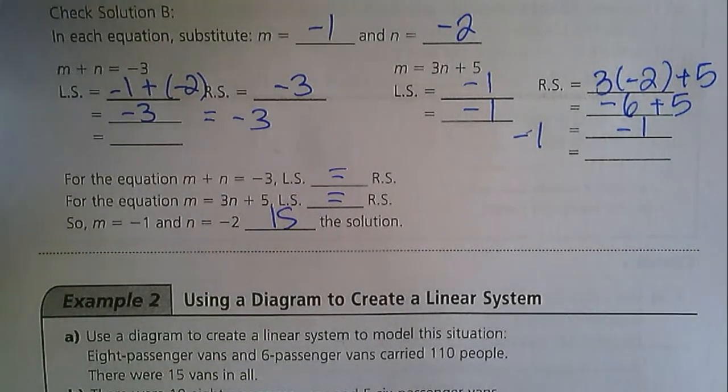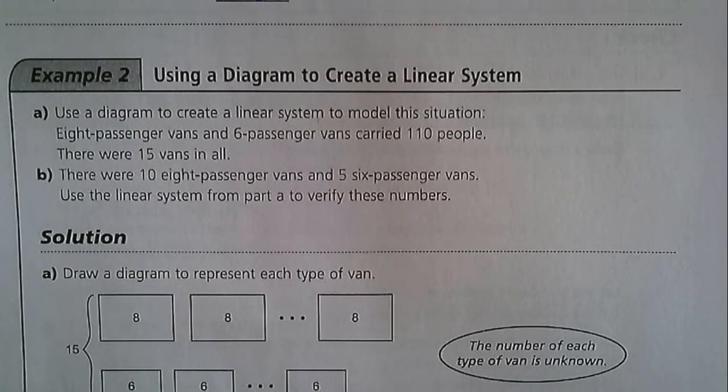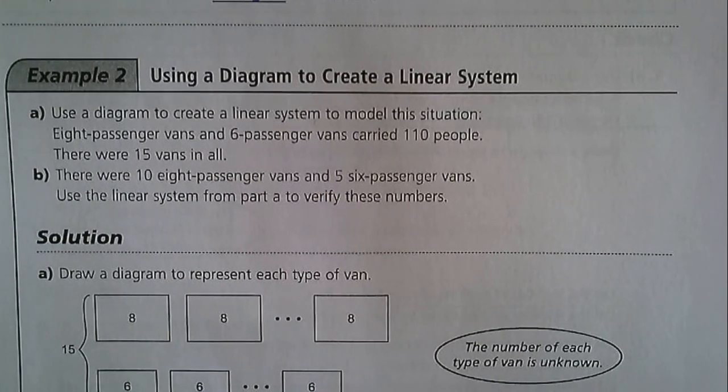Let's take a look at example number 2 here. In this one, they've asked us to use a diagram to create a linear system to model this situation. So we have 8 passenger vans and 6 passenger vans carried 110 people, and there were 15 vans in all.